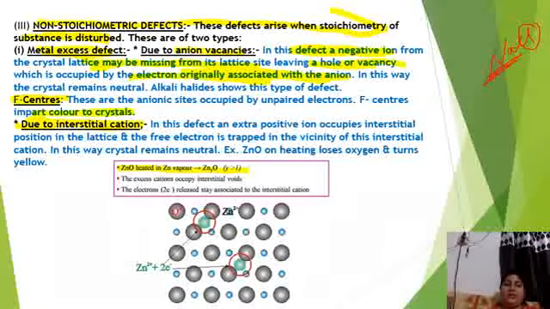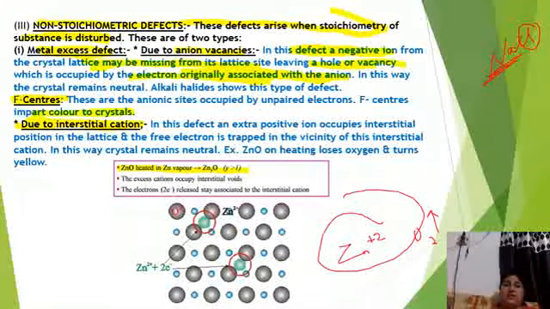Zinc is converted into Zn+2 and oxygen gas gets released in the atmosphere. So this zinc ion will be extra in number and it gets inserted into the lattice site.